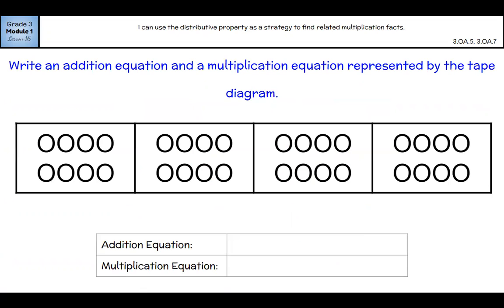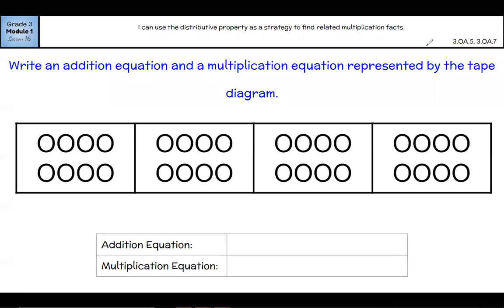Okay, write an addition equation and a multiplication equation represented by the tape diagram. So if we're looking at a repeated addition equation, well, we have 8 here, 8 here, 8 here, and 8 here. So that would mean that our repeated addition would be 8 plus 8 plus 8 plus 8.